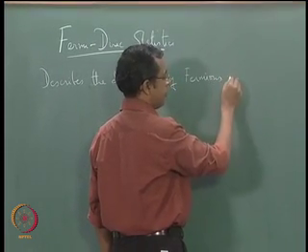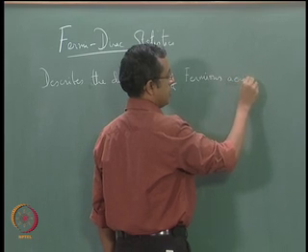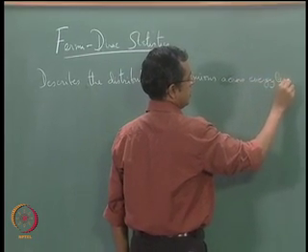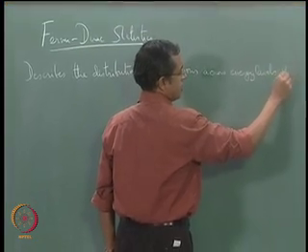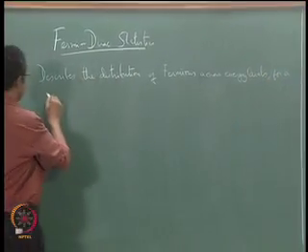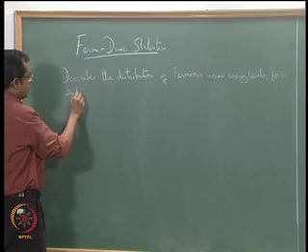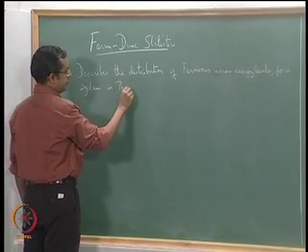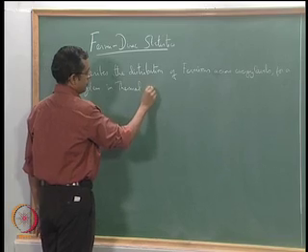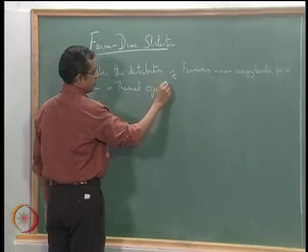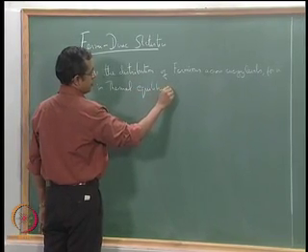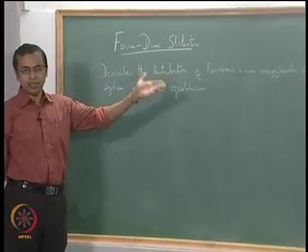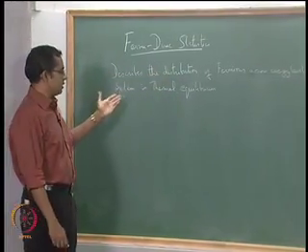Distribution of fermions across energy levels for a system in thermal equilibrium.